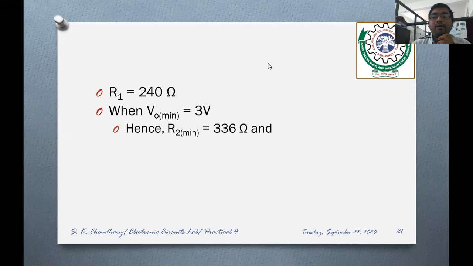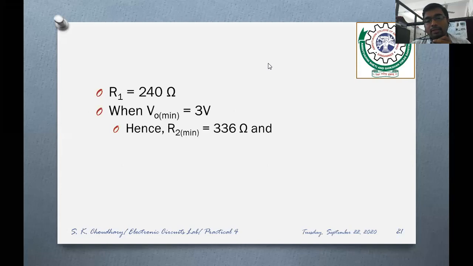Has anyone calculated? It means you are not attending the lecture, you have not kept the notebook or pen with you.